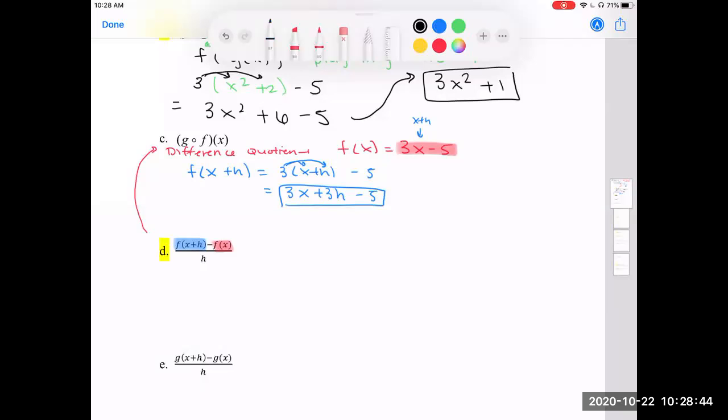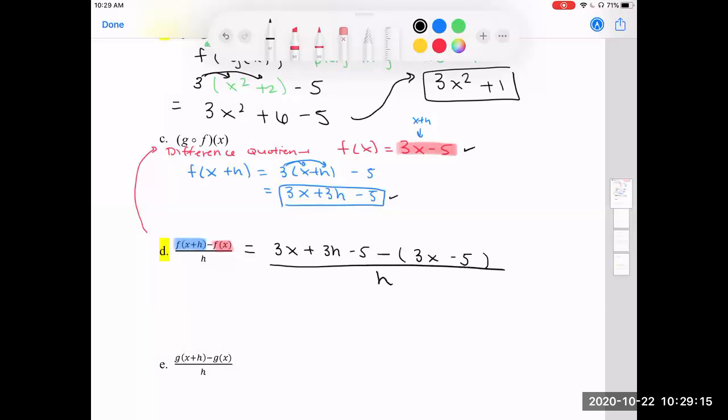So let's go ahead and do all this work. So we first want to plug in what is f of x plus h? Well, we have that right here. That is 3x plus 3h minus 5. And then I want to subtract f of x. Well, what is f of x again? Well, f of x is right here, 3x minus 5. All of that will be divided by h.